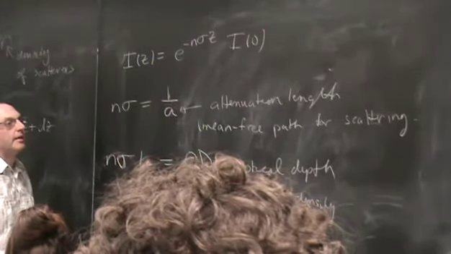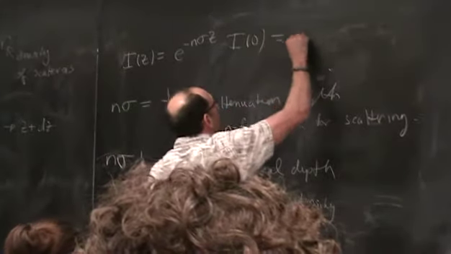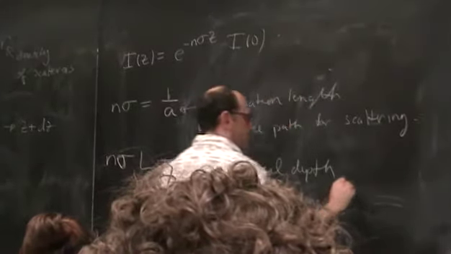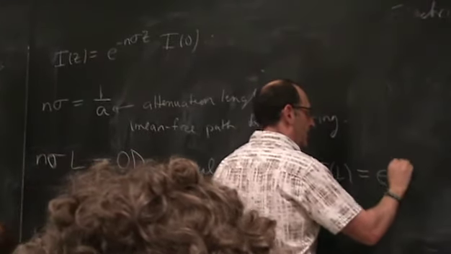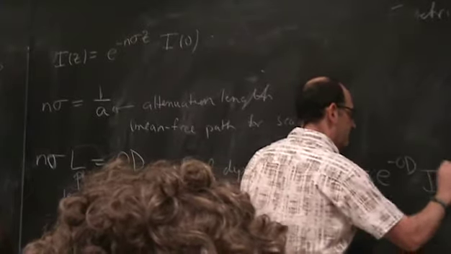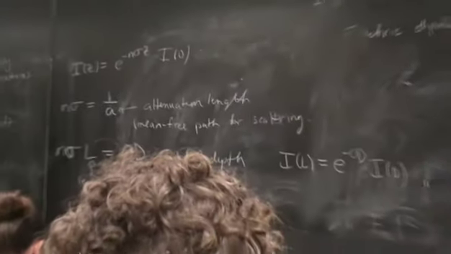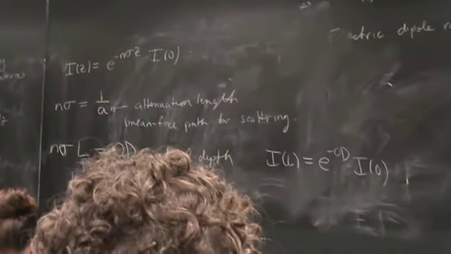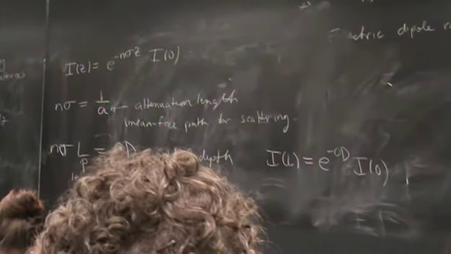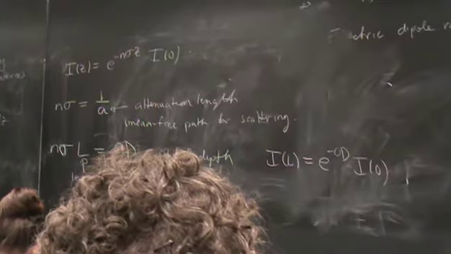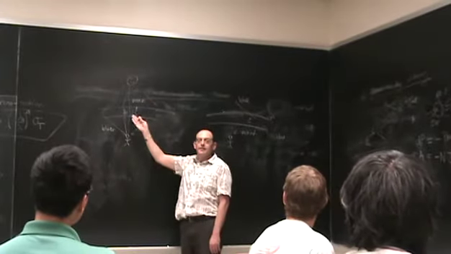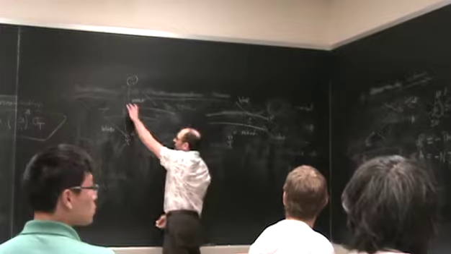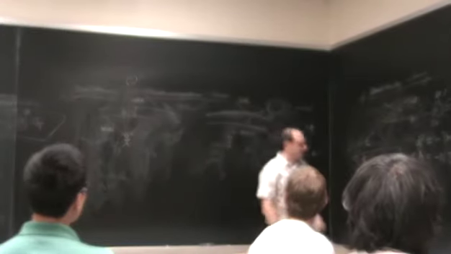The OD. So the total amount of intensity that gets attenuated depends on the OD at the frequency of interest. All right, so now we want to know what is the OD for scattering of, say, blue light through the atmosphere at noon versus at sunset.